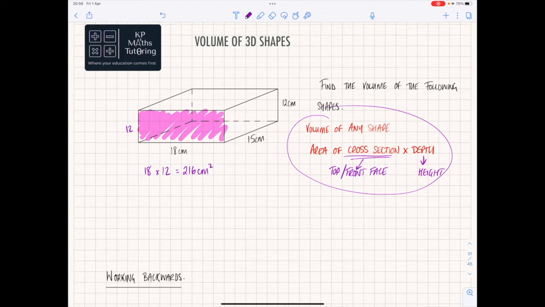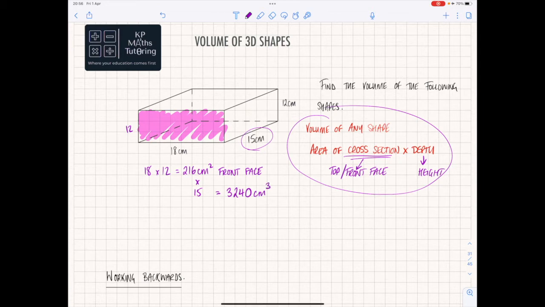So that is the area of the front face. And then to finish it off, you then times that by your depth, which in this case is 15, and 216 times by 15 gives you 3,240, and now we're in centimeters cubed.